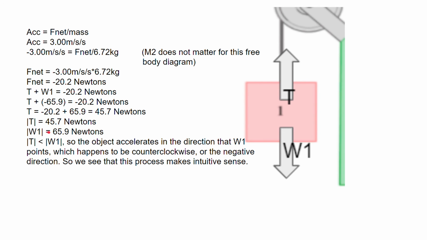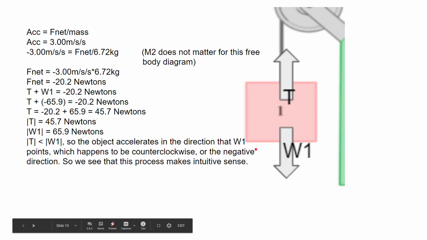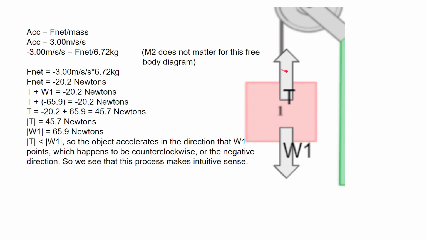The magnitude of W1 is 65.9 newtons, which makes sense because the magnitude of the weight has to be greater than the magnitude of the tension in order for this to accelerate downwards. And so that is a couple examples of Newton force problems, including tension, acceleration and friction, focusing on the physics rather than the algebra to get there.